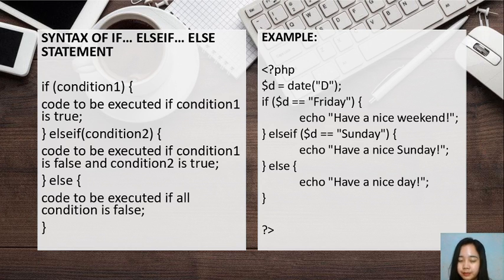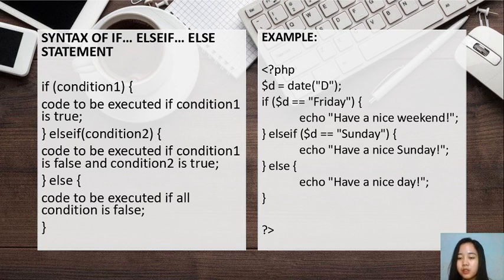Example ani, if date is equals to Friday, iya ning i-execute is ang "Have a nice weekend". If false na siya, kay Saturday man diay, kay Sunday man diay, laos siya sa else if.